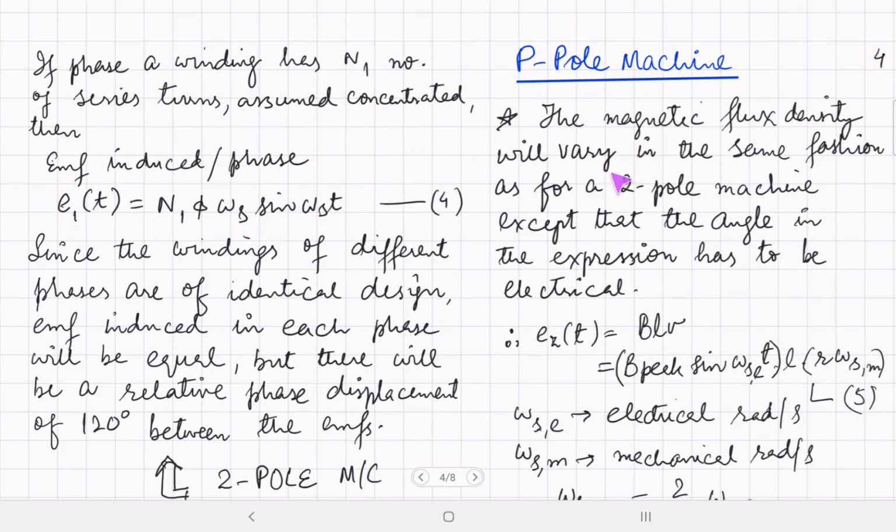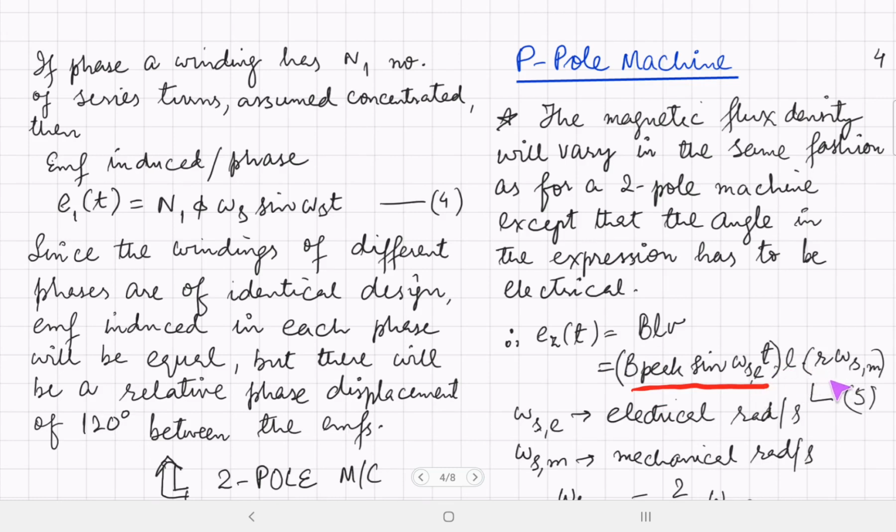For a P-pole machine, as far as the flux density in the air gap is concerned, it will vary again in the same fashion as for a two-pole machine, but when the angle is measured as an electrical angle, and therefore we'll have the expression for EMF induced in one conductor, which will be equal to BLV. We'll again have B peak sine omega S t, but omega S measured in electrical radians per second.